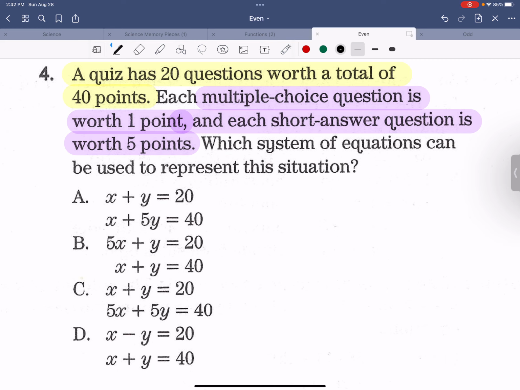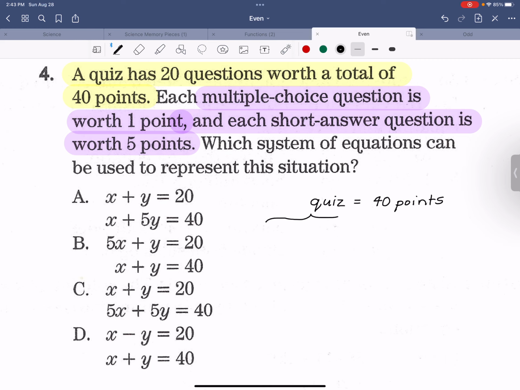So let's take the first scenario first. The quiz is worth 40 points. So think about what the quiz is. Is it all one type of question?